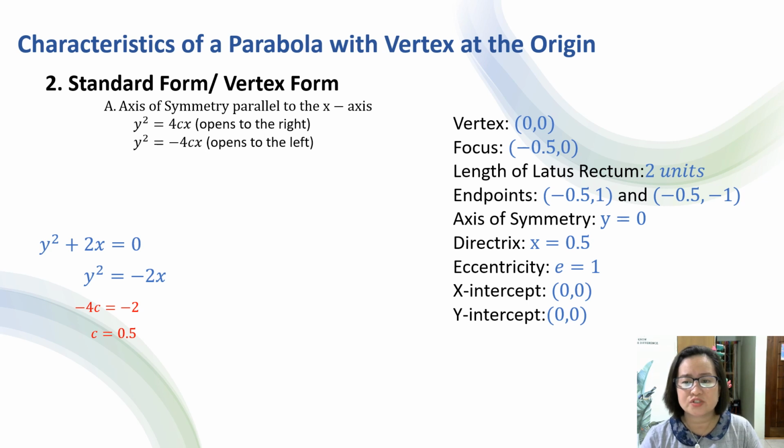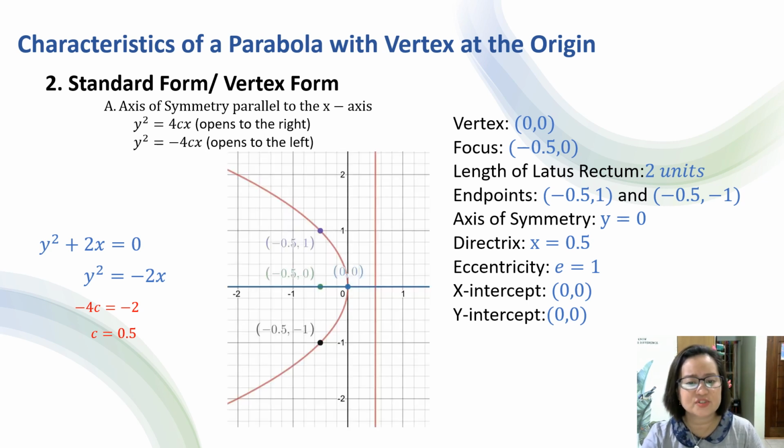Adding 1 to 0, we will have 1. Deducting 1 from 0, we will have negative 1. Hence, the endpoints of the latus rectum will be at (-0.5, 1) and (-0.5, -1). Graphing this using Desmos, we would be able to illustrate the graph of y squared equals negative 2x.